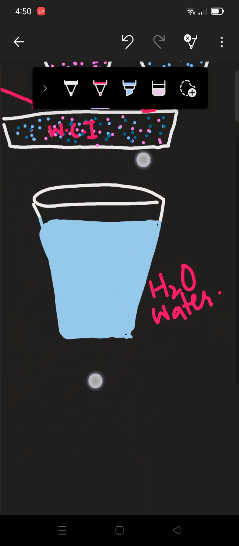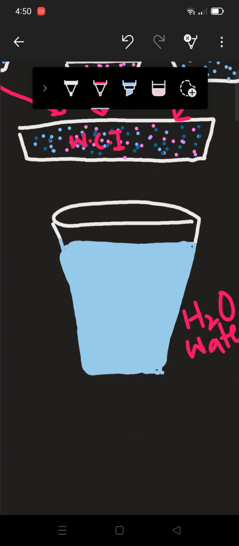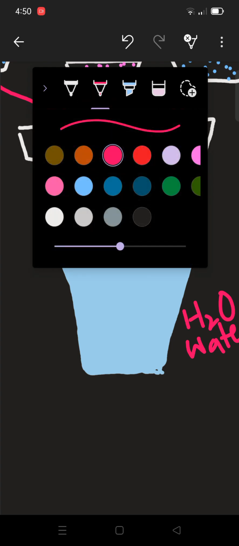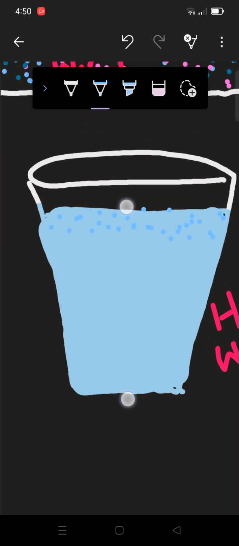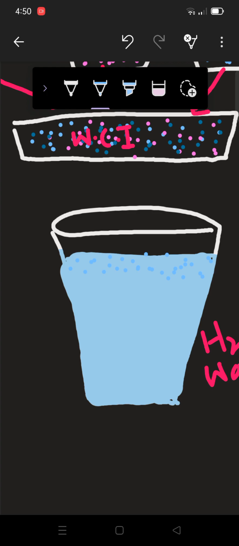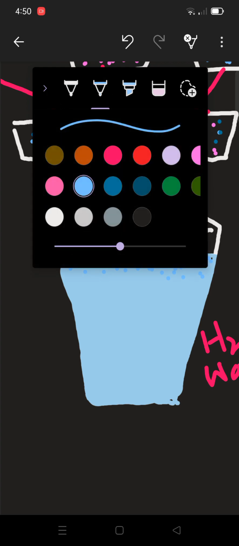Now let's mix all these particles. When we add all these particles in the glass of water, what will happen? Because of the low density of the wood particles, they'll float on the top of the glass of water. The protons, which are concrete particles, because of their density will be in the middle.